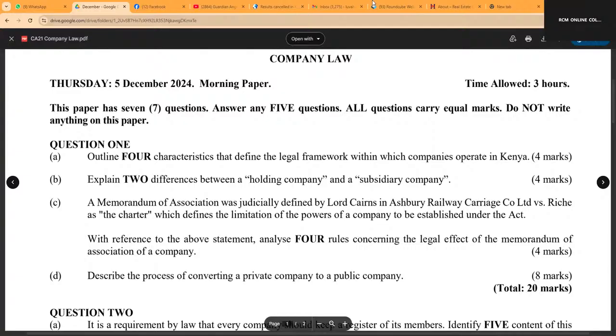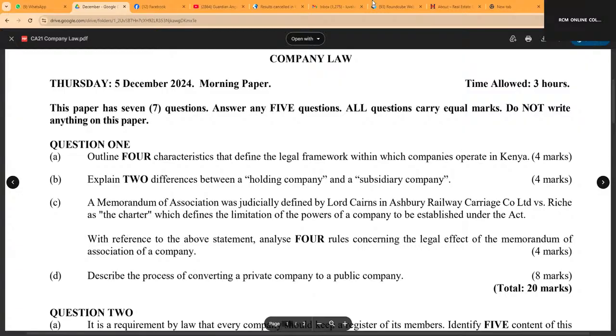So let me see what our friends are saying here. A holding company prepares books of accounts for both the holding and the subsidiary company, while the subsidiary company cannot report the financial statement on its own. Yes, that is correct. So they do what we call consolidation. The books will be consolidated by the parent company or holding company.